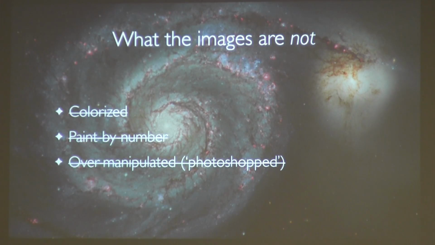We're not assigning a color by the brightness of each individual pixel, although you can do that, and that's an effective method of visualizing an image under certain circumstances, but it doesn't necessarily relate to what's going on in the actual object you're looking at. And we try to keep the processing, the manipulation to a minimum. We do use Photoshop and other software to work on these images, but we're not Photoshopping, in the sense of falsifying something.